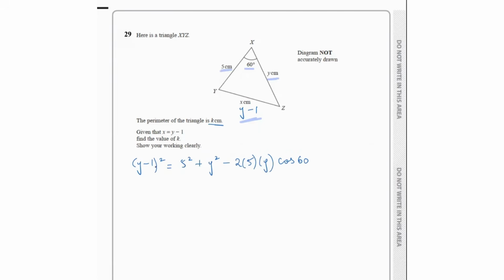Expand y minus 1 squared. This is 25. This is y squared. Cos 60 is going to be 1/2.